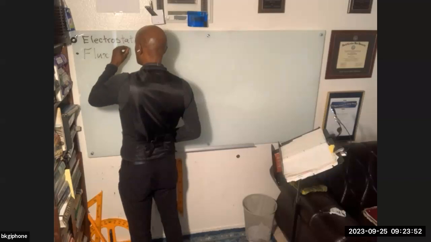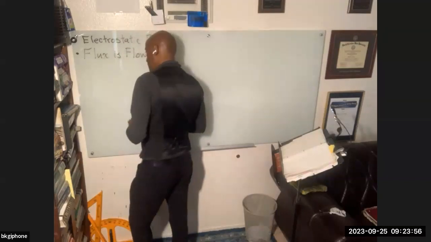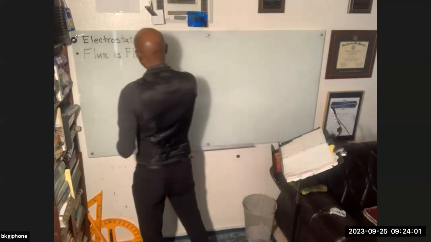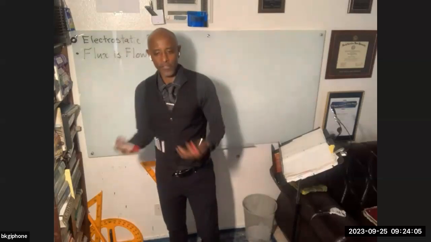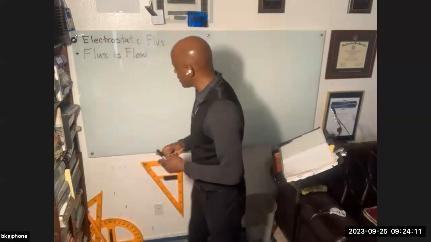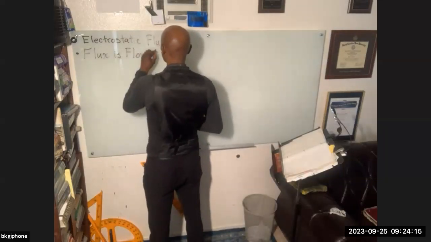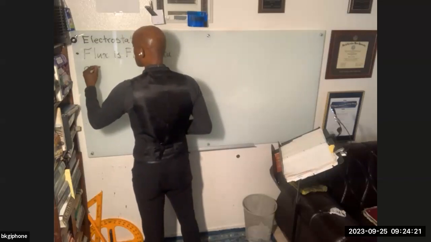And I think it's very easy for students to remember that definition. Flux is flow. But specifically, it's the flow of a field through some sort of surface, through the cross-sectional area of a surface. So flux is flow through a surface, meaning surface area.